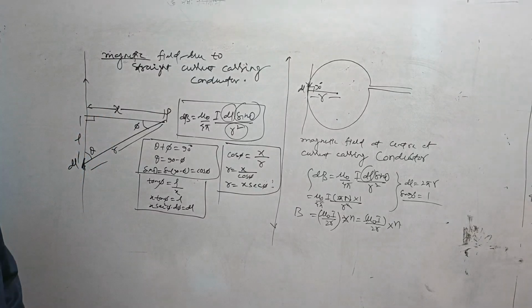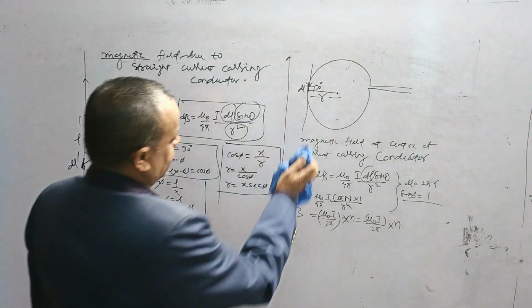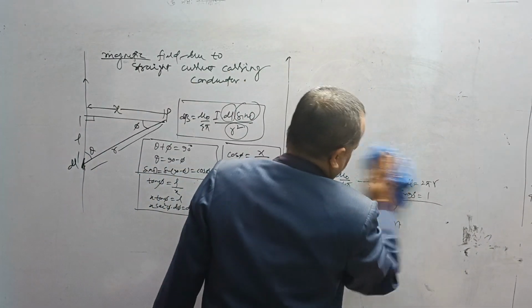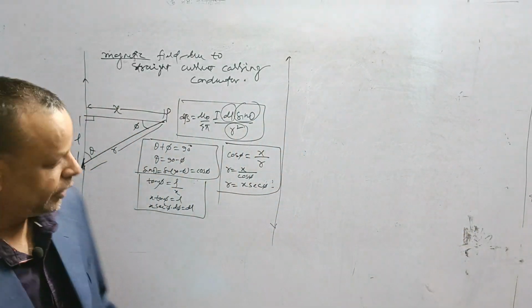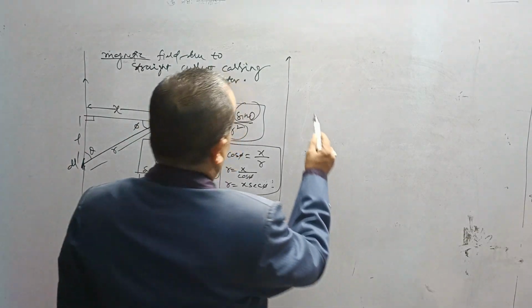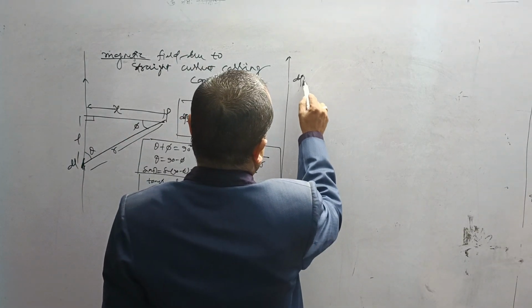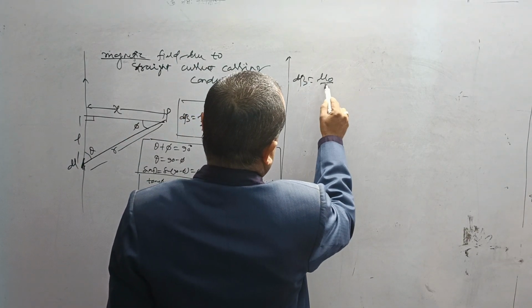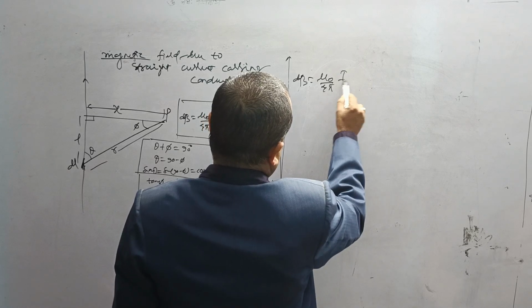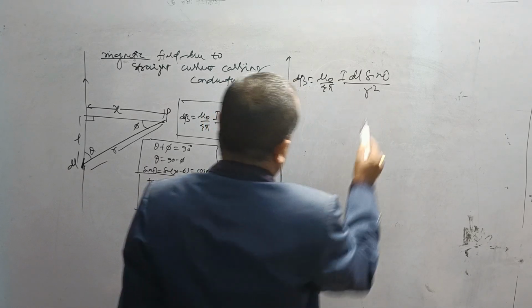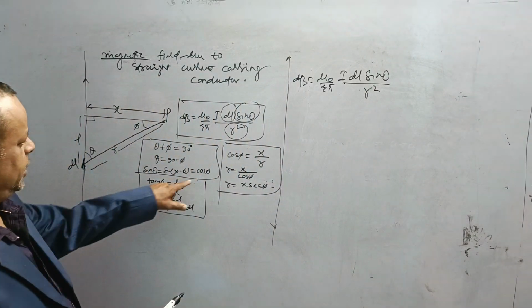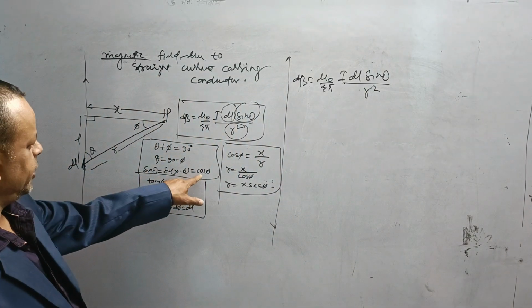See, what we will do is utilize all these values and integrate that out to get the magnetic field due to a straight conductor. See what we have. Delta B is mu naught upon 4 pi, I dl sin theta upon r square. Sin theta we have converted in terms of cos phi.